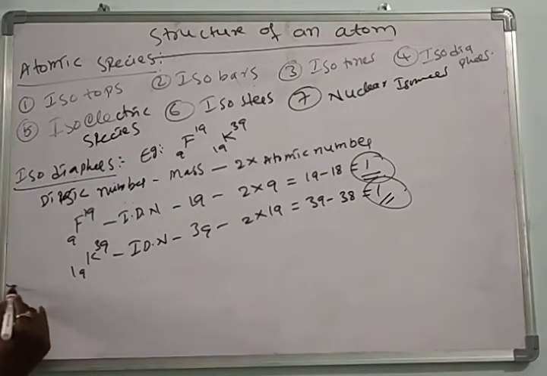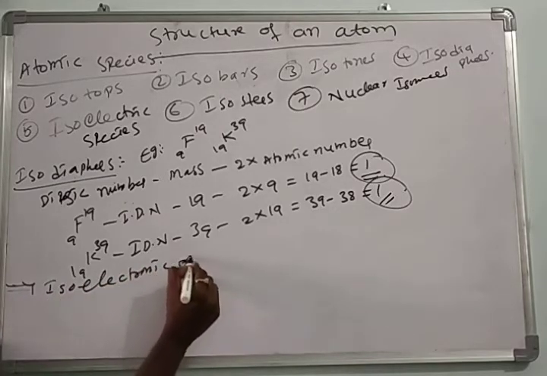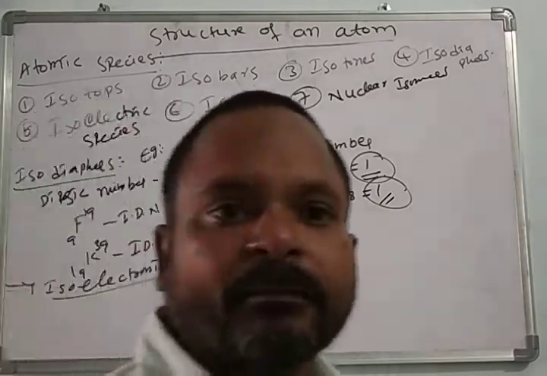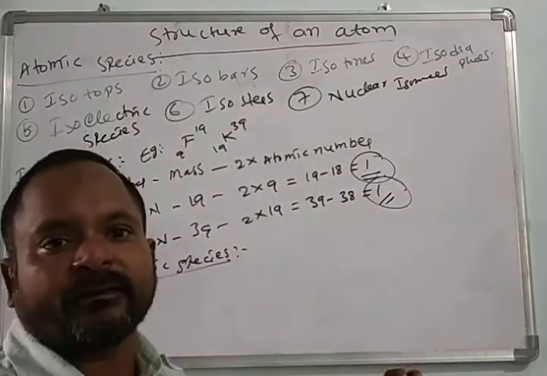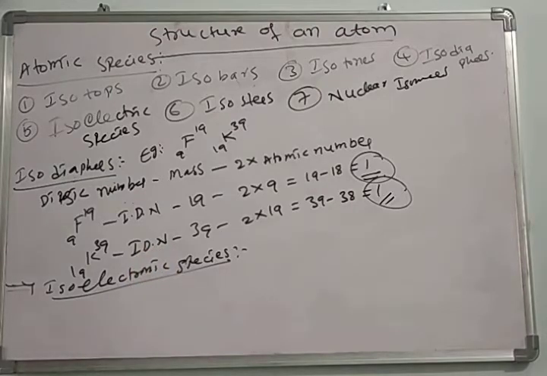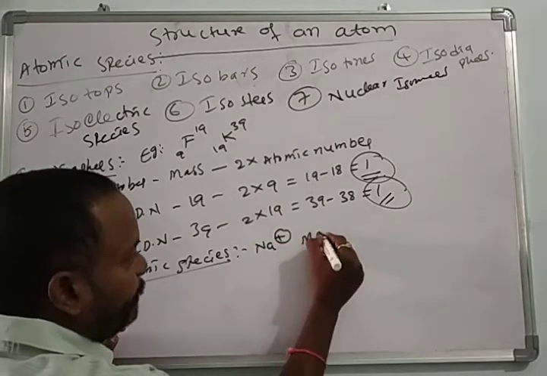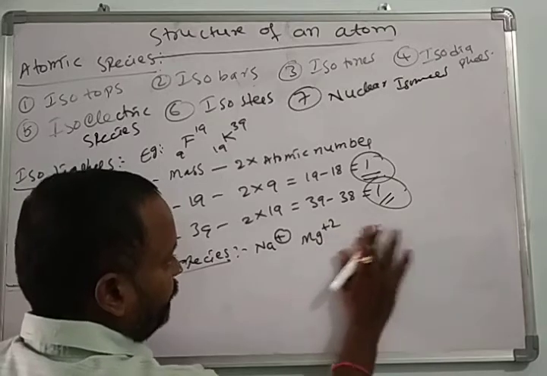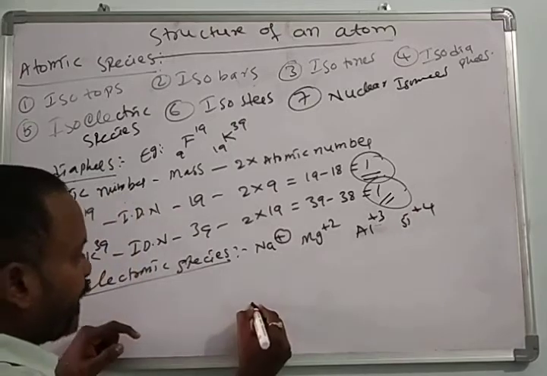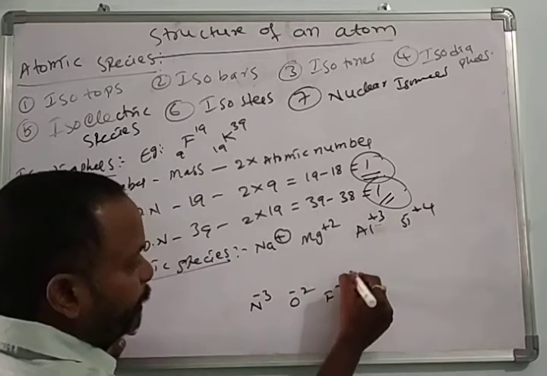And the fifth one, isoelectronic species. These have different atomic number, different atomic mass, but the same number of electrons. Here I am writing sodium plus, magnesium plus 2, aluminium plus 3, silicon plus 4, nitrogen minus 3, oxygen minus 2, fluorine minus.